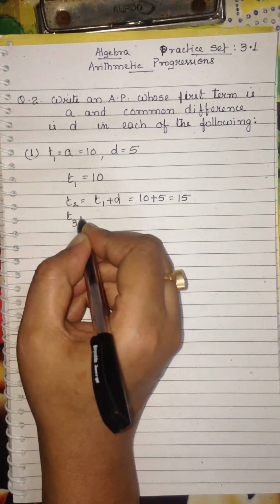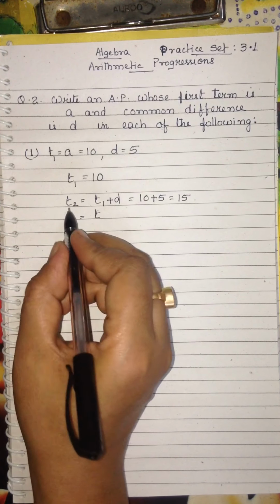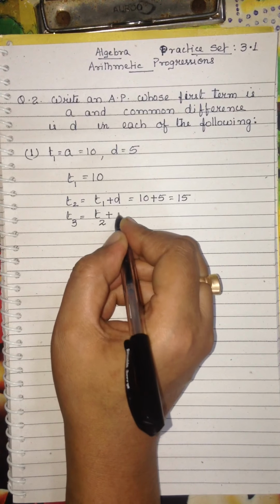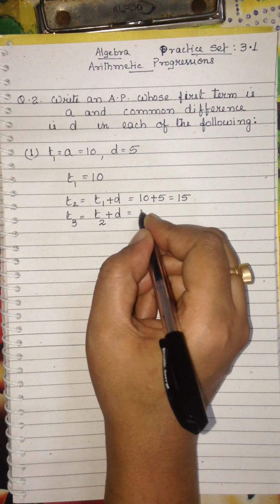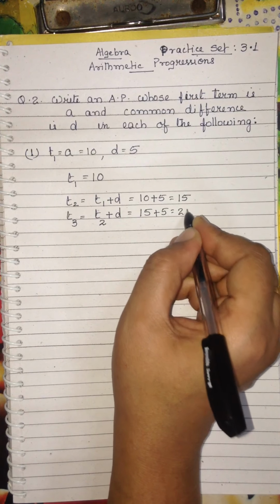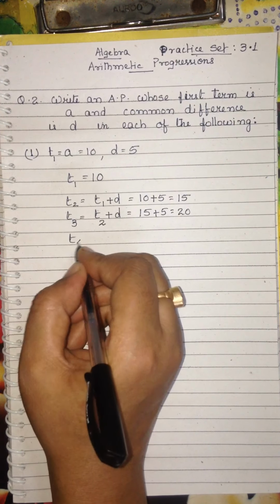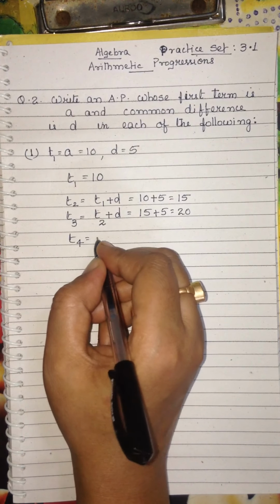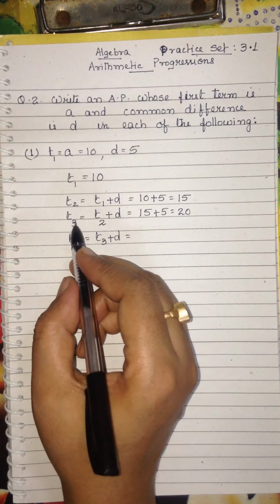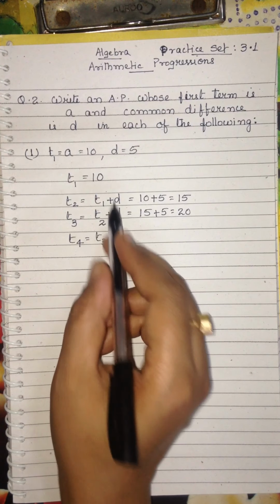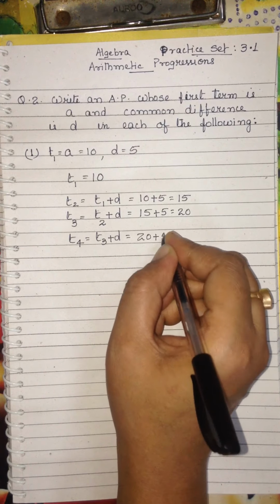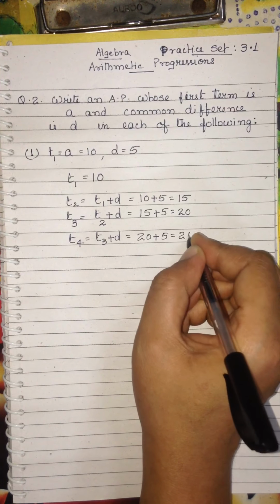In the similar manner, if you add the second term, which is 15, to again the common difference d, you will get the third term, and so on. So minimum of 4 terms you have to find, children. See, again the third term 20 plus the common difference d gives you the fourth term, that is 25.